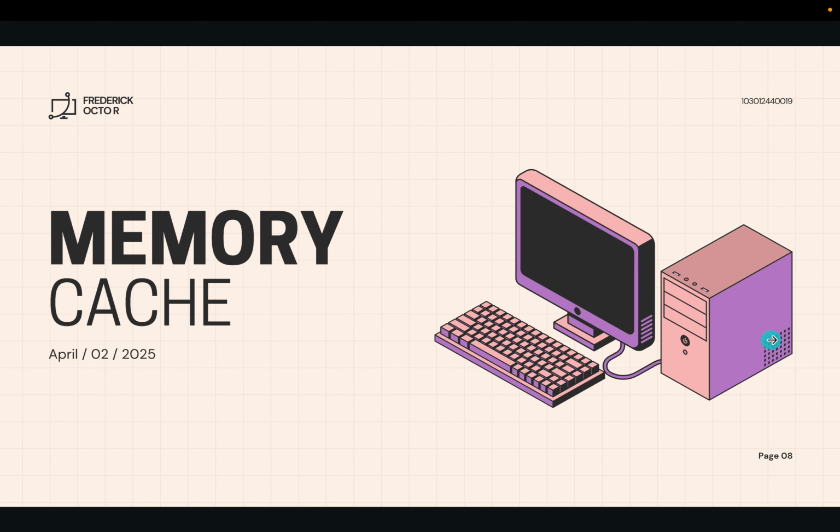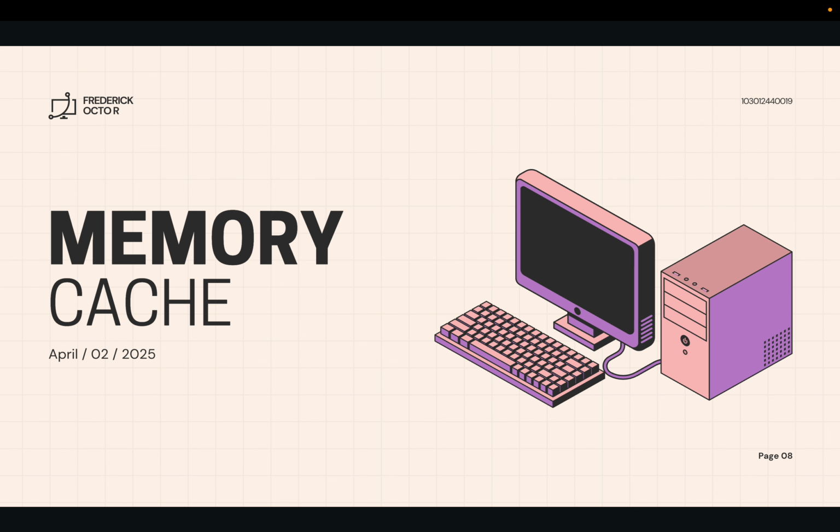I will make a conclusion. I just want to sum up what we have discussed. External memory is a crucial component of computer systems, providing permanent storage for large datasets.